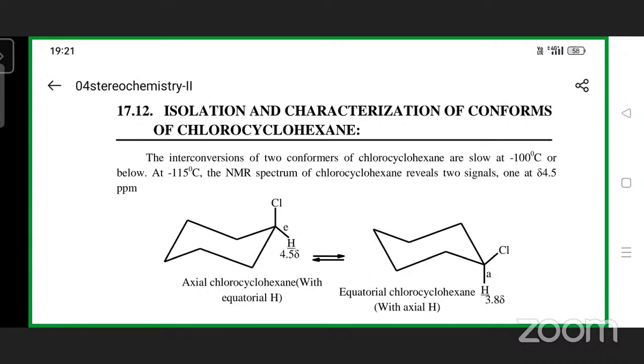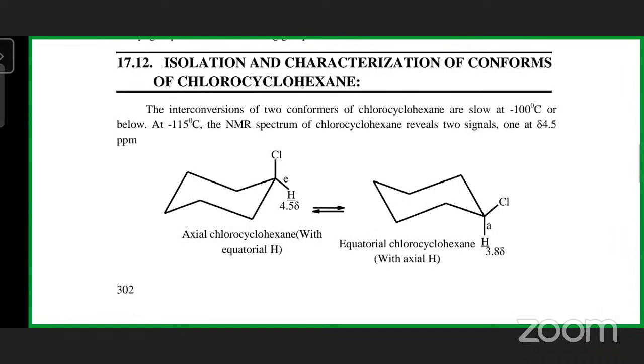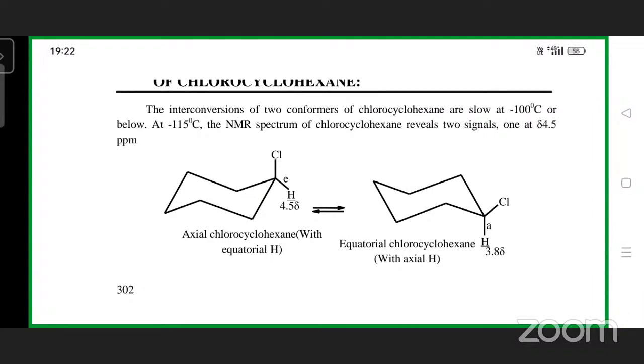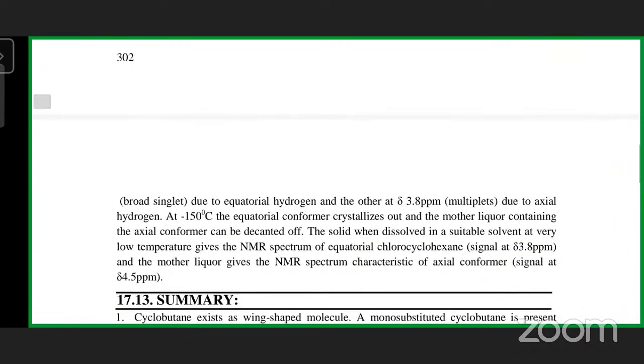Because both are isomers only. The molecular formula is the same, but the orientation of the group is different. The orientation of chlorine is different here. When the chlorine is in the axial orientation, the chemical shift values will be different.